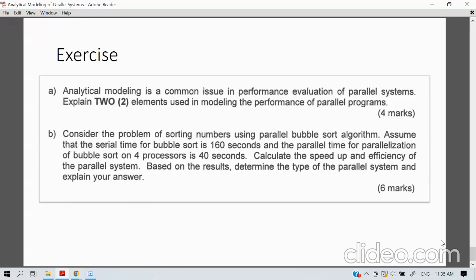So calculate the speed up and efficiency of the parallel system. Answer that first. You all need to calculate the speed up and efficiency of the parallel system.